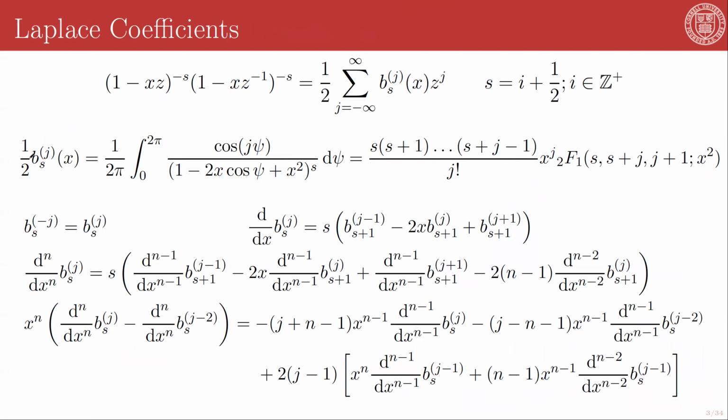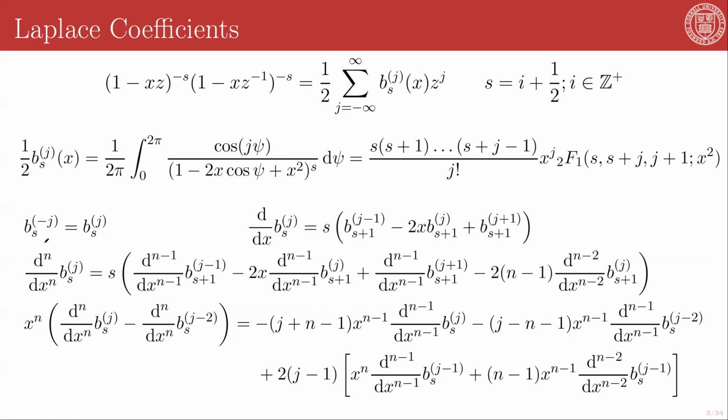Here we've defined 1/2 of the b sub s j Laplace coefficient evaluated on x as this set of products scaled by the factorial of j times x to the j times the hypergeometric function with these specific arguments. And these are all constructs that are built into a variety of high-level languages and various low-level math libraries that are available for essentially any language that you might be working in.